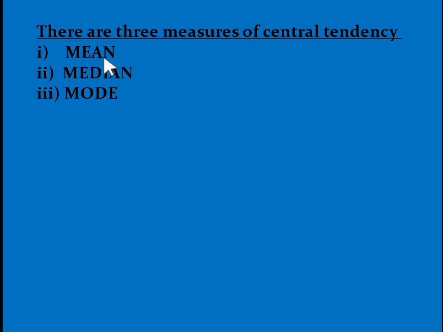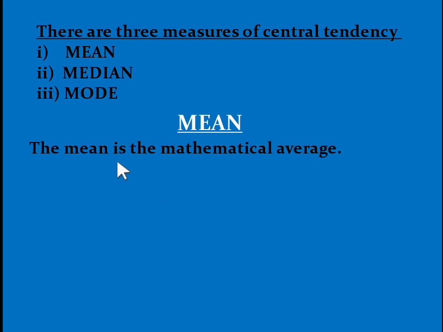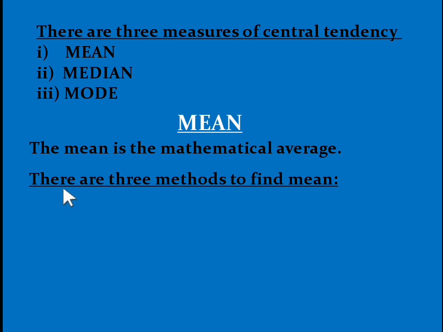This video is about mean. That means we will learn how to find the mean. Mean is the mathematical average. There are three methods to find mean. Number 1 direct method.